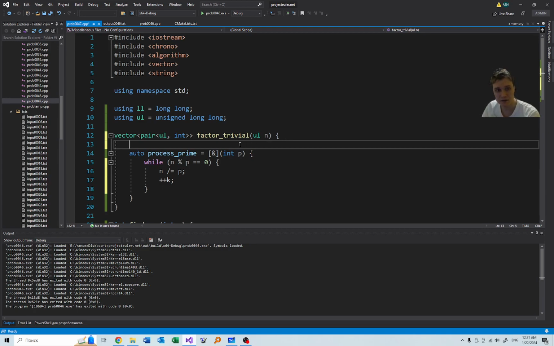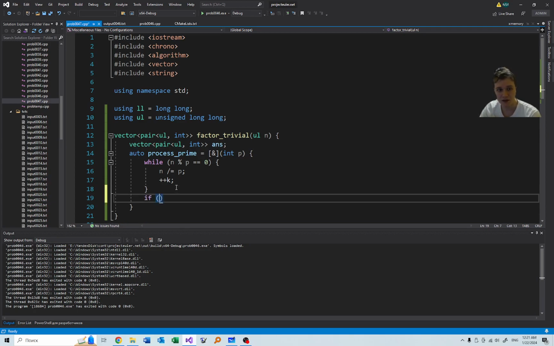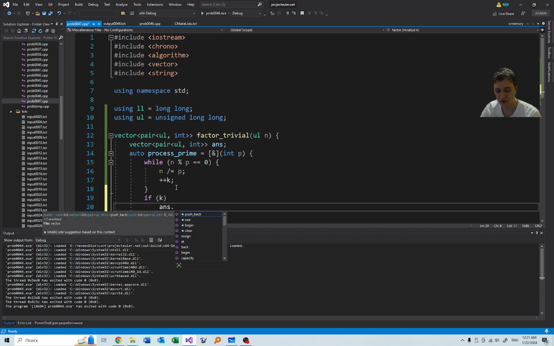And here we have the answer, which is simply the factorization. Then it says that if k is greater than 0, then answer dot emplace back p, k.